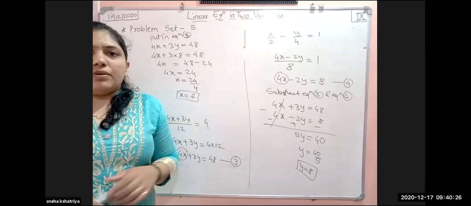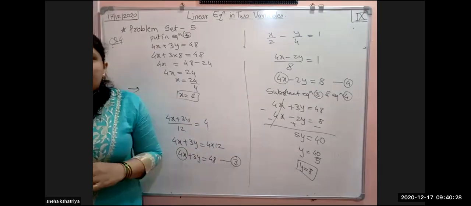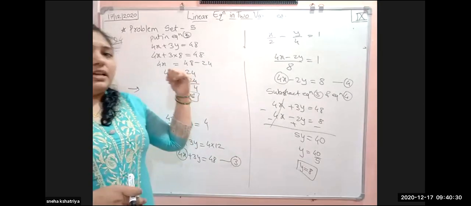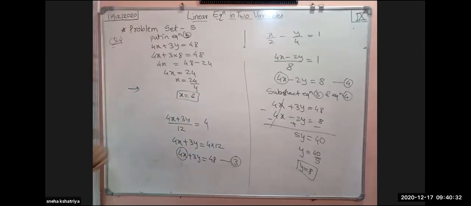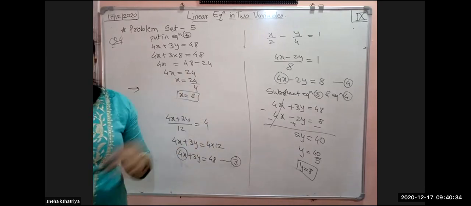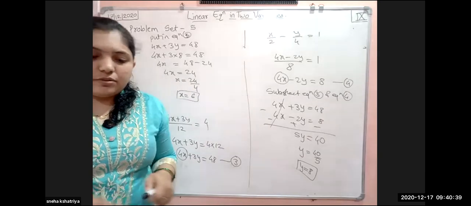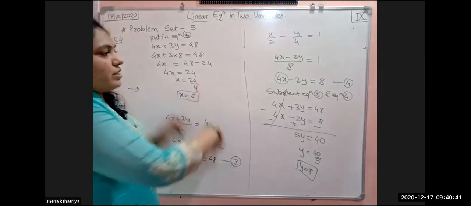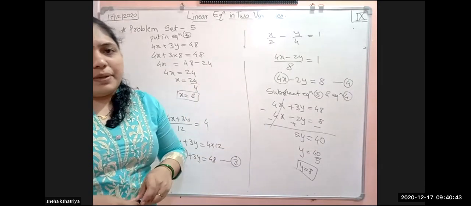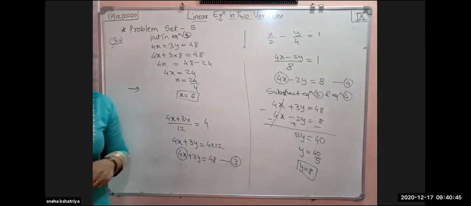So you don't have to study them. You have to study till question number 4. You try all the examples. They are all similar. There is no change between the examples. All the examples are the same. Okay. Thank you very much.